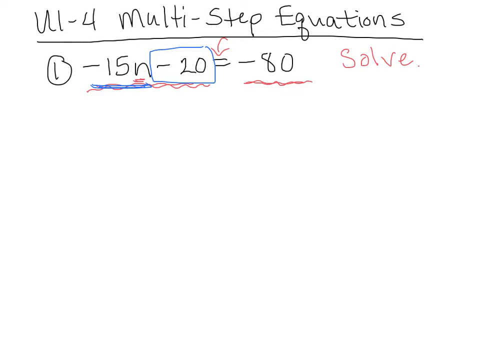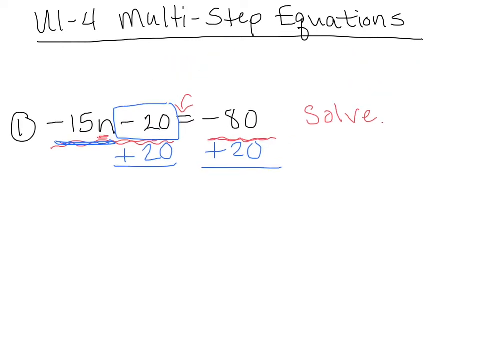But whenever you're moving to the other side, you have to do the opposite, right? So we're going to add 20, and we're going to add 20. We line it up right under its like term. A lot of times we'll put lines like that, and we combine down. So the negative 20 and the positive 20 cancel out.